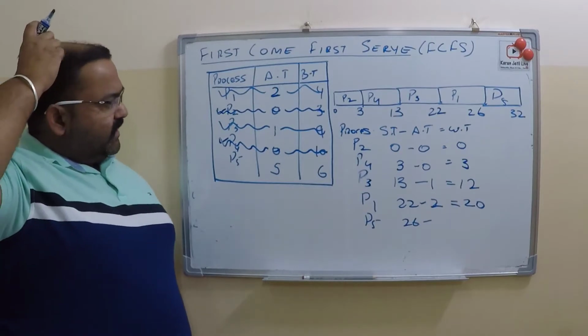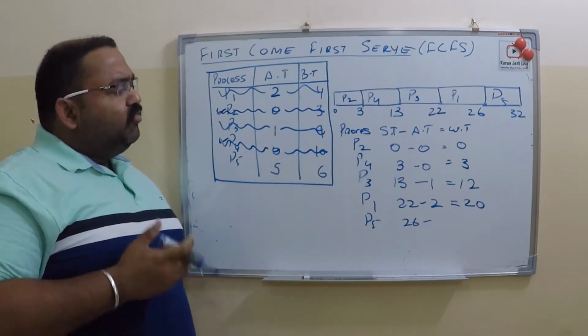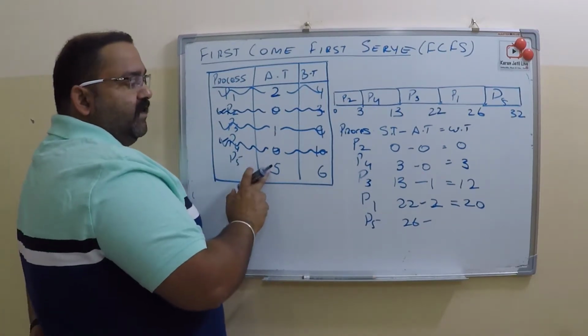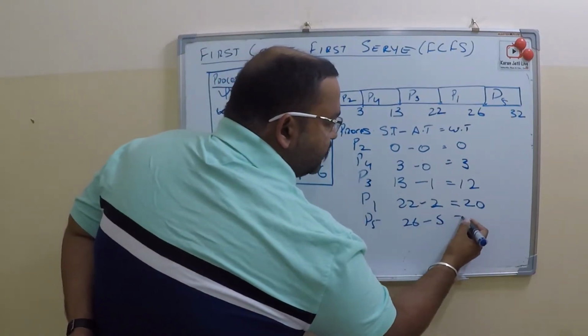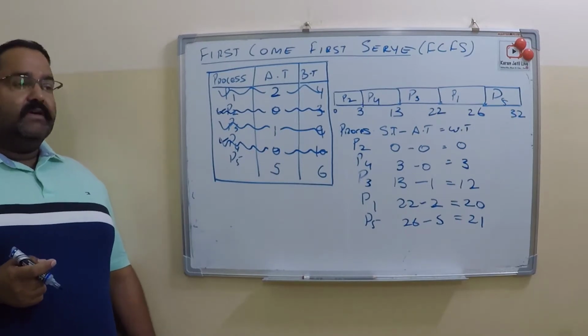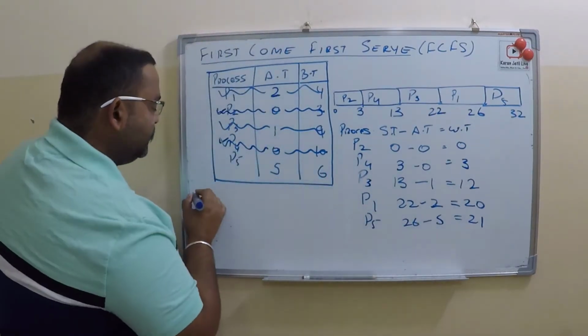P5 started at time 26. And what time did P5 come? P5 came at time 5. So 26 minus 5 is 21.